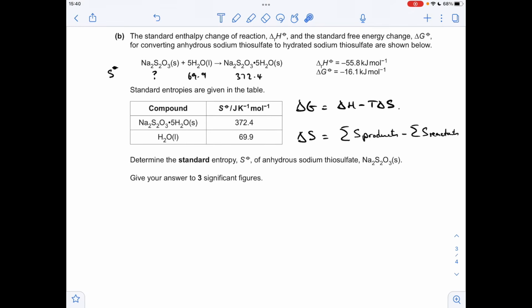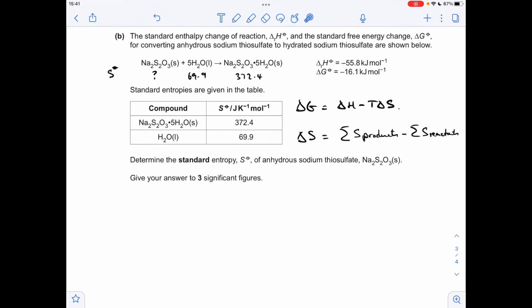Moving on to part B now, we've got to calculate the entropy for sodium thiosulfate. We already know the entropy of the H2O and the hydrated sodium thiosulfate. It's there in the table. We've also got the delta G and the delta H for this reaction. So the way we're going to get to the answer, we're going to use the Gibbs equation to calculate delta S. Obviously we're going to have to rearrange it first.